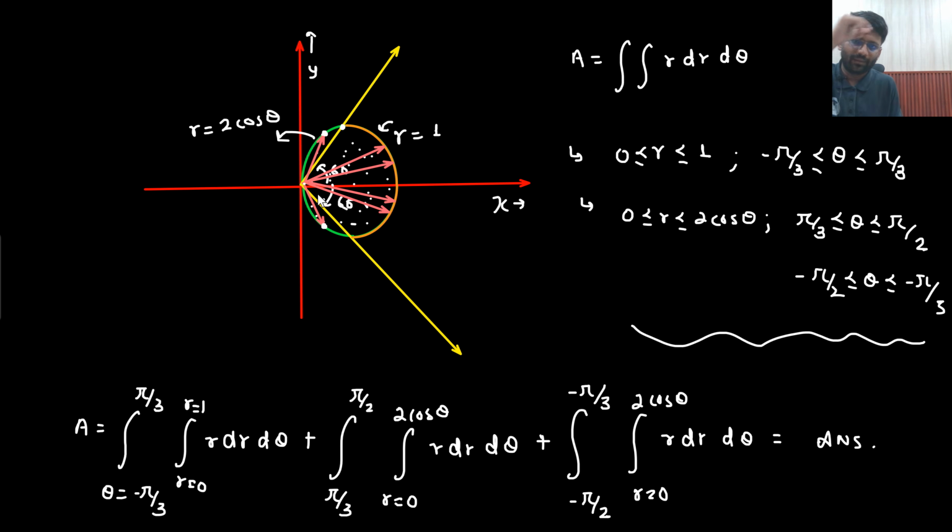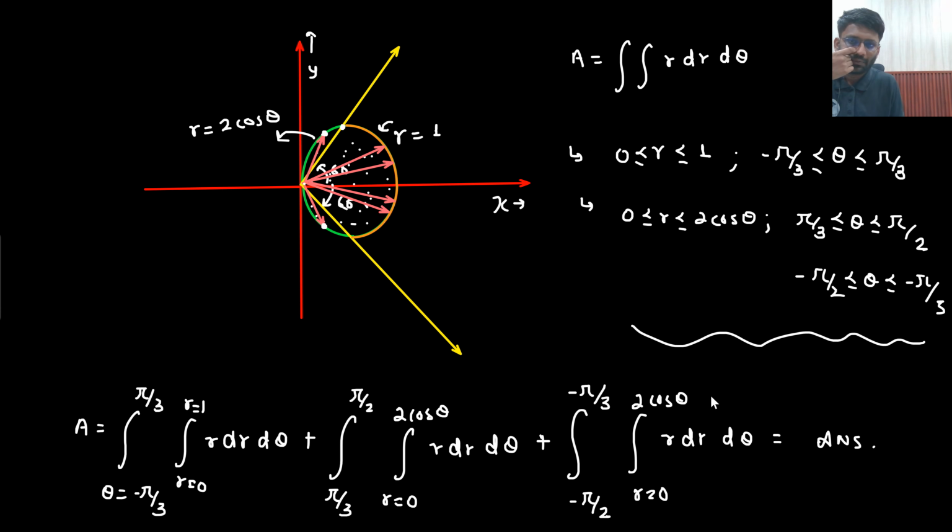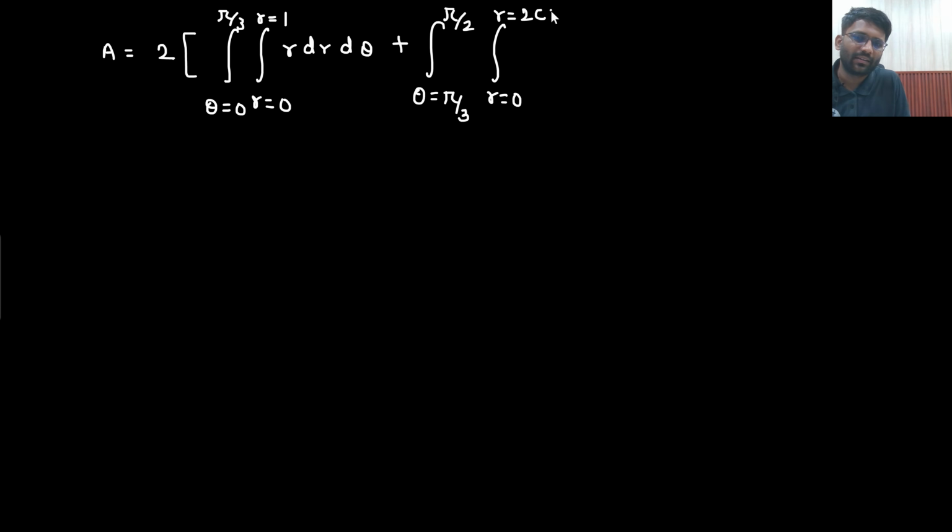r going from 0 to 1, theta going from 0 to pi by 3, that is 0 to 60 degree, r dr d theta, plus theta going from pi by 3 to pi by 2, r going from 0 to 2 cos theta, r dr d theta.